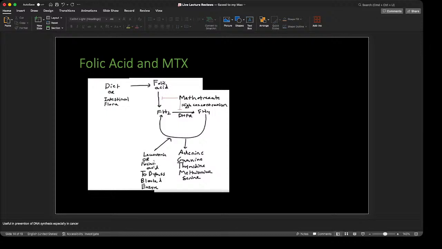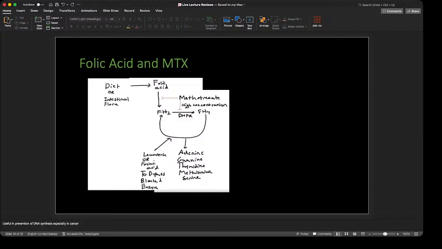And so there's going to be a decrease in folic acid, which is why folic acid is essential, especially for patients taking methotrexate. However, for cancer cells, I think that would be a very useful medication to weaken the cell or help with the cancer.